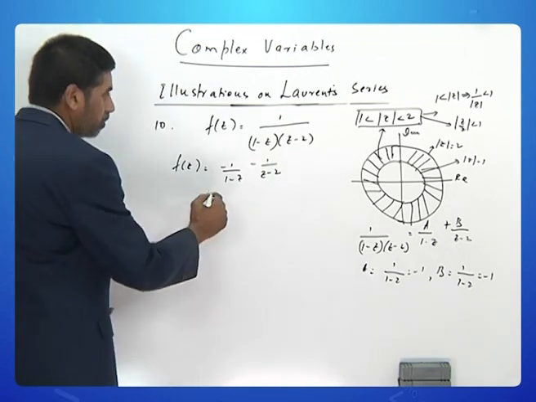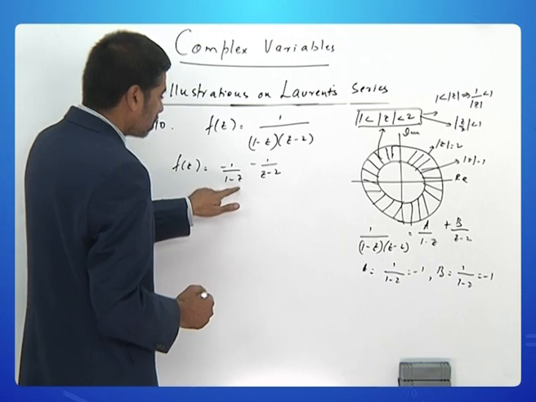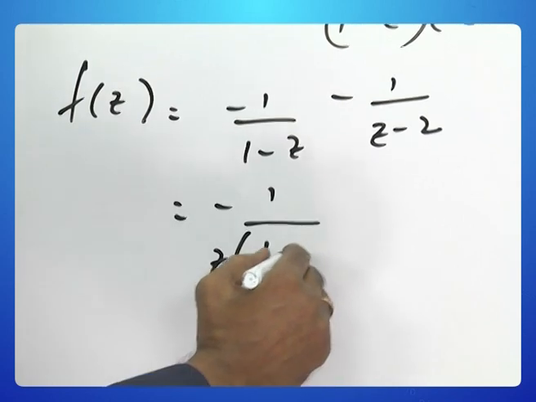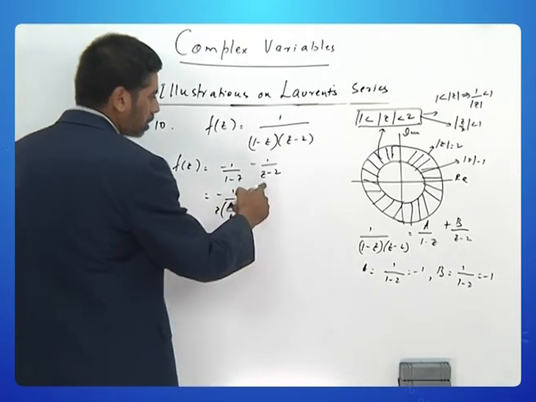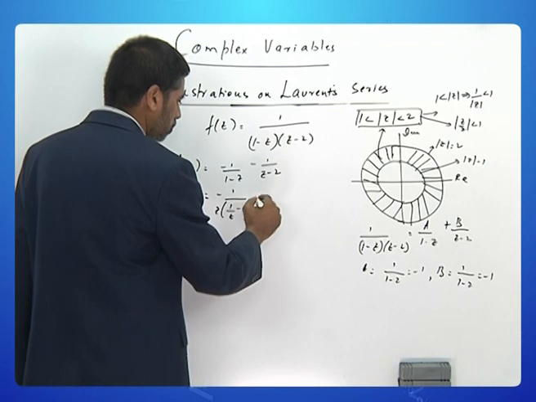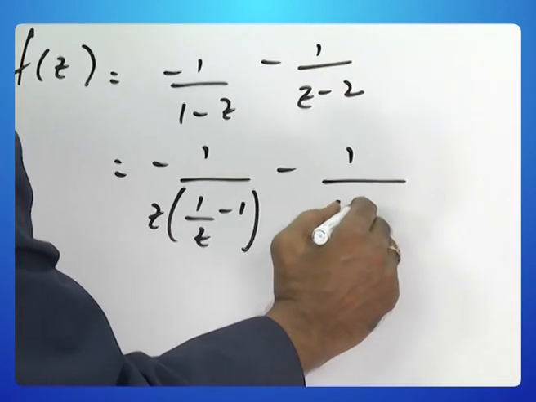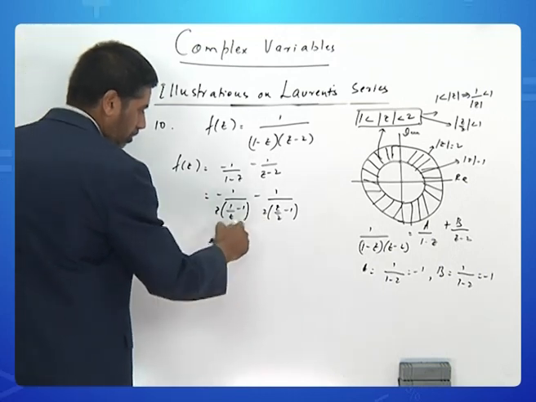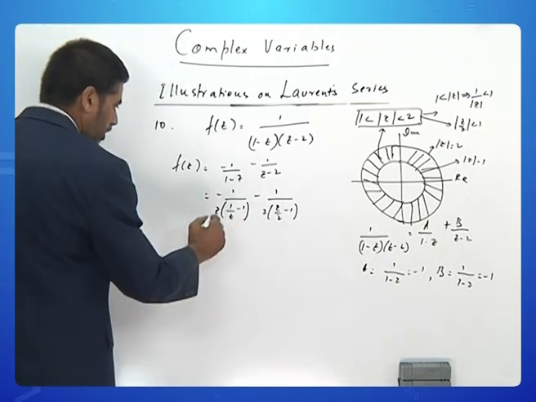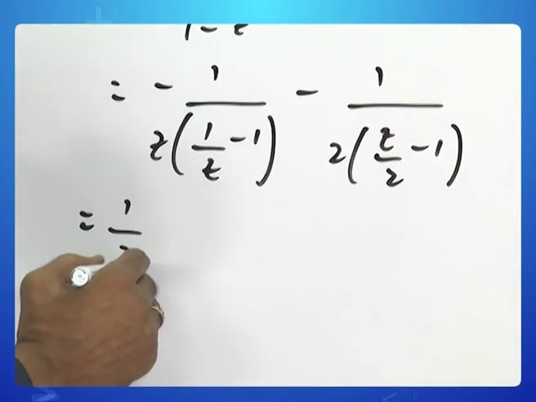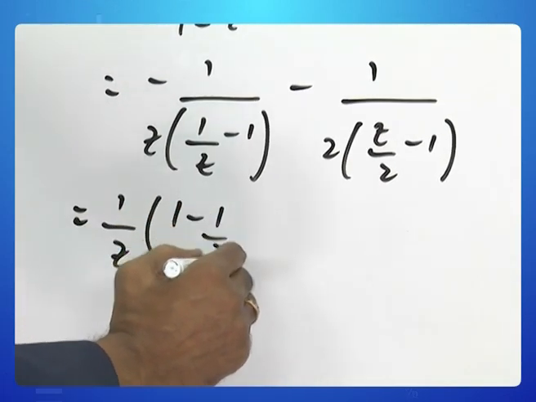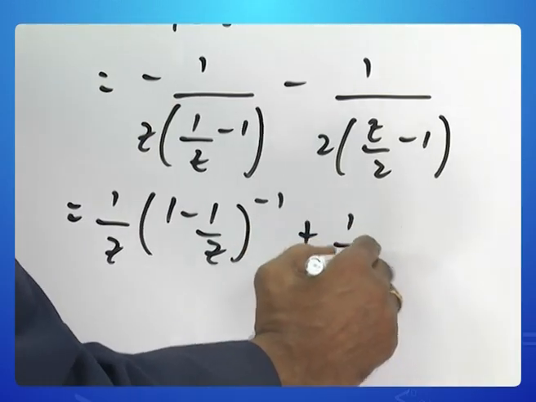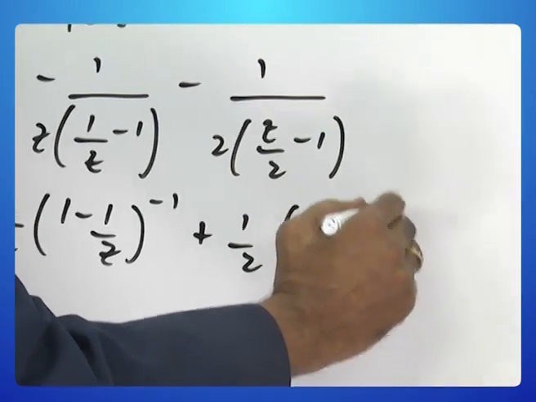So if you have to get 1 by mod z here, I must take z common. Here, if I want z by 2, I should take 2 as a common factor. So please see the contrasting patterns here. So this can be written as 1 by z into (1 minus 1 by z) whole inverse, and this can be written as plus 1 by 2 into (1 minus z by 2) whole inverse.